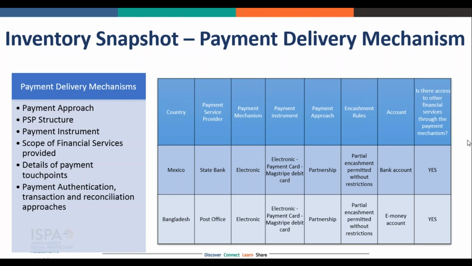And finally, the last part is the payment delivery mechanism, which studies the infrastructure and the payment delivery mechanism in place that delivers cash. This part of the inventory also looks at the contracting procedures and the costing.